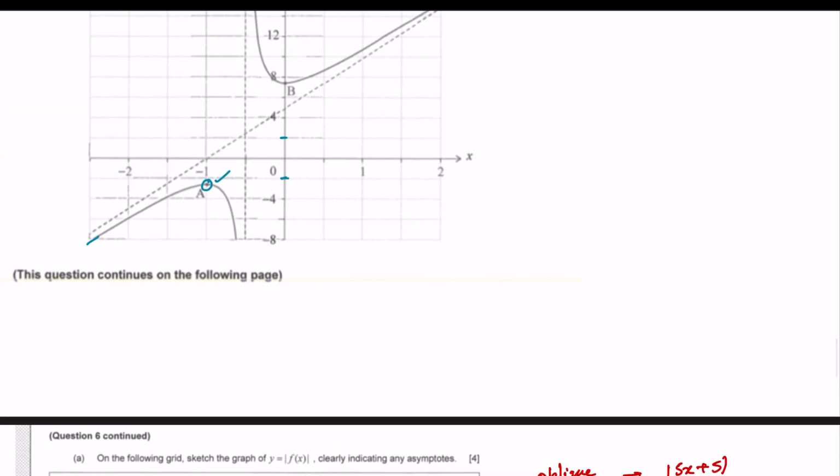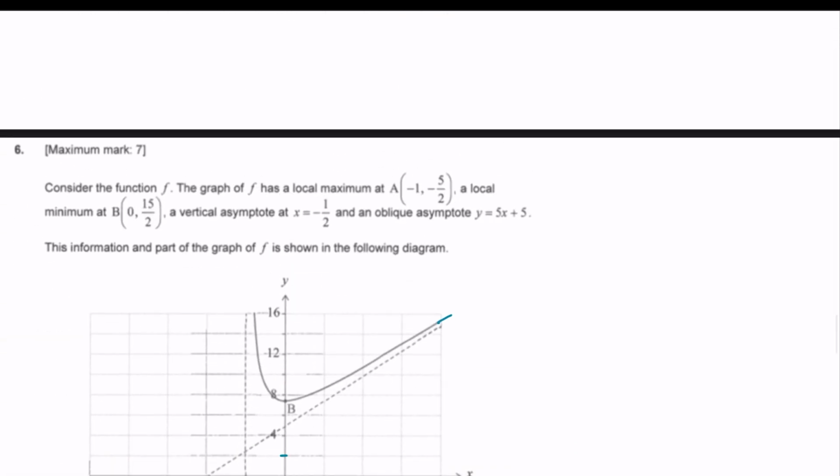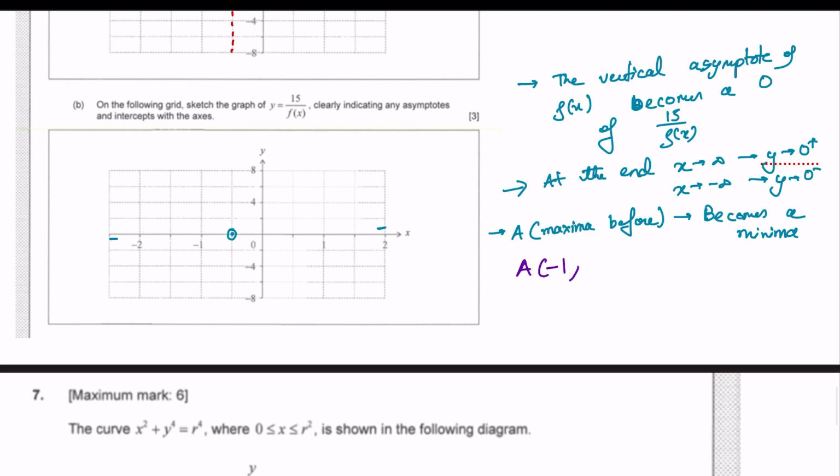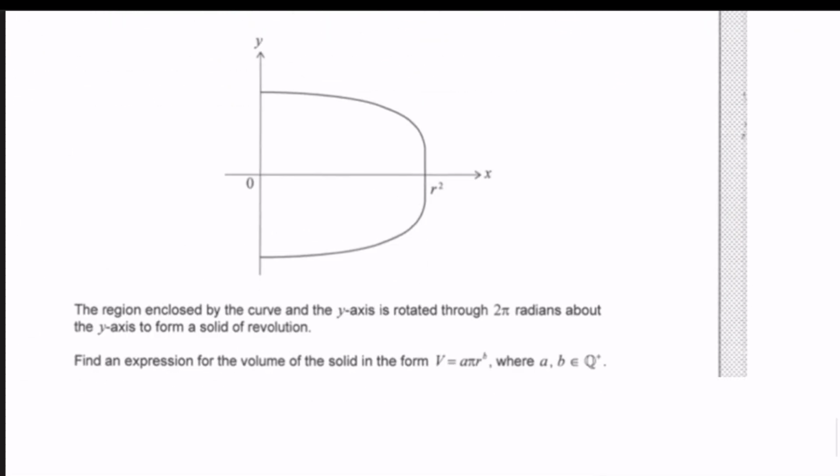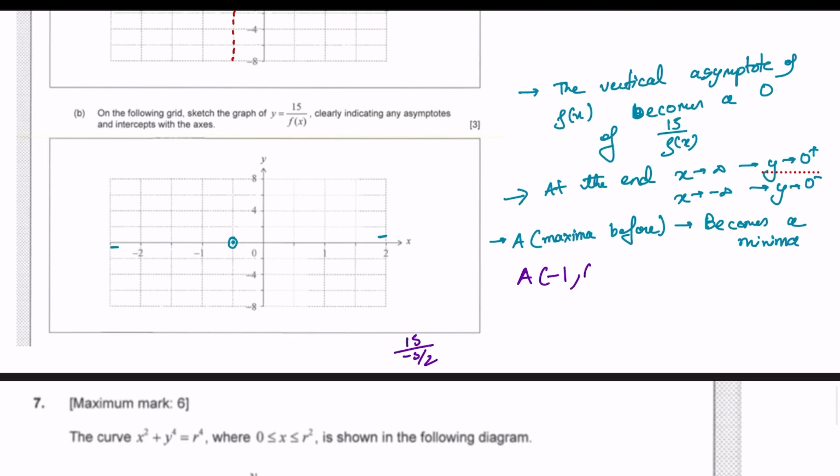To find the y-coordinate, A is -5/2, so 15 divided by -5/2, correct. So A is -6, basically. -1, comma, -6. So here you have point A.